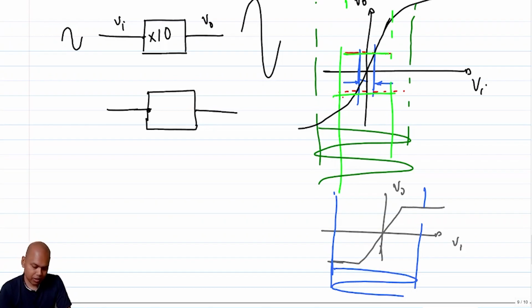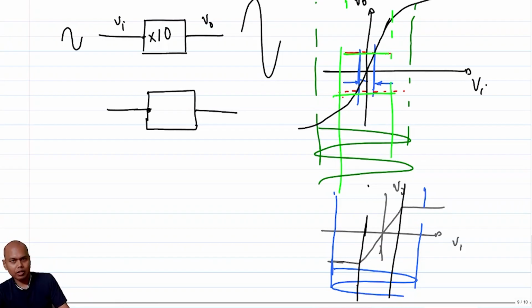Then what is going to happen? You are going to see amplification or a linear response of the system for the inputs which are bounded by these two black lines. But the moment you trespass into the territory on this side or this side, you are going to see clipping of the input.